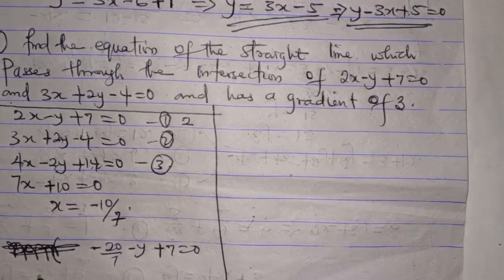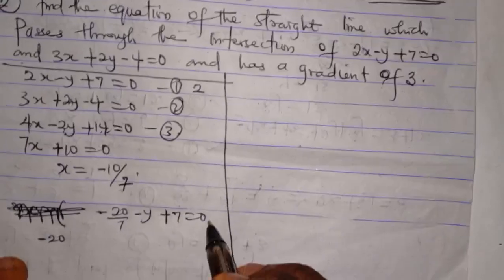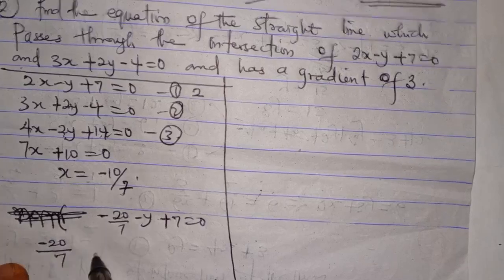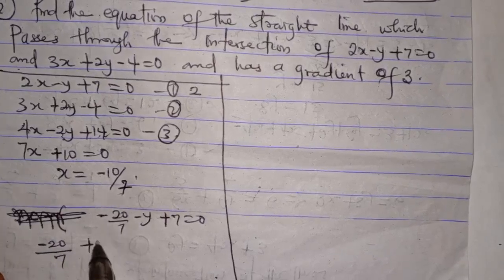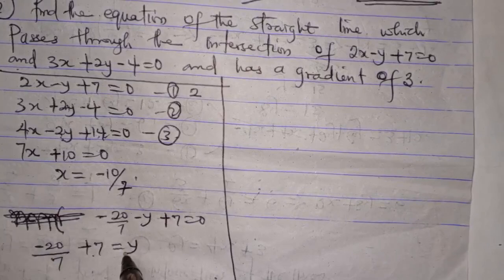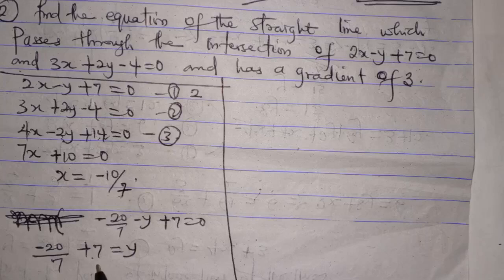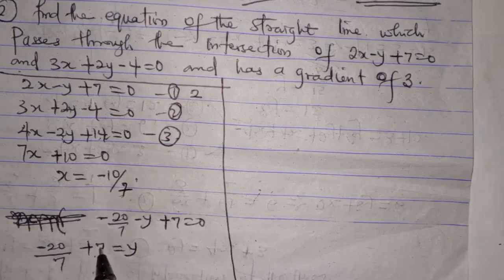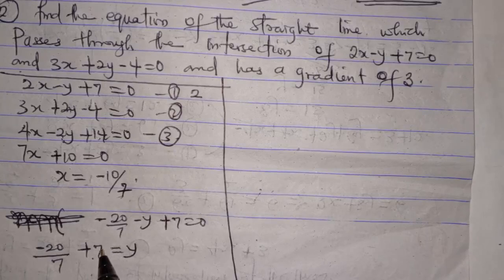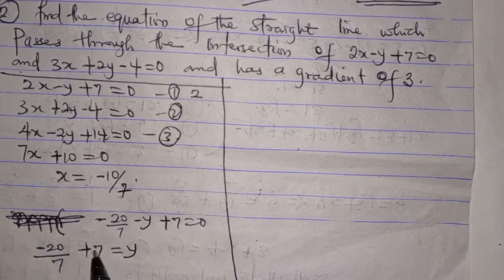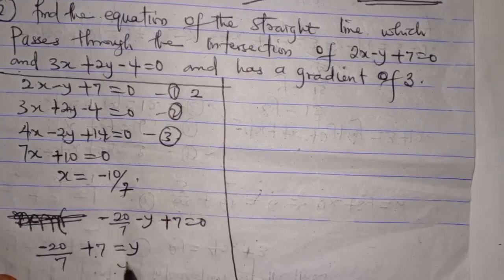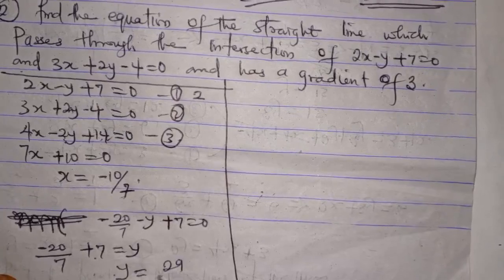So making y the subject, minus 20 over 7 plus the 7 is equal to y. Y will cross to the other side and becomes positive. 7 times 7 is 49. So we have minus 20 plus 49, that's 29. Means that y is 29 all over 7.